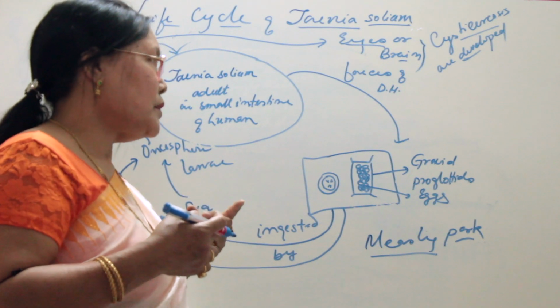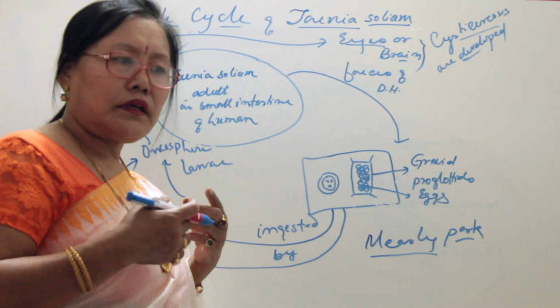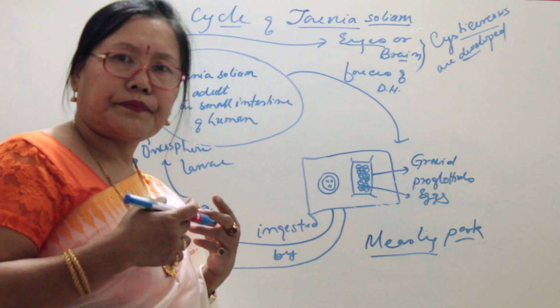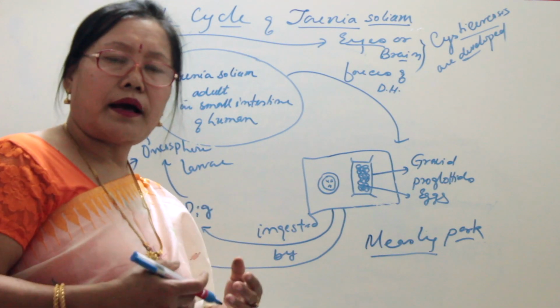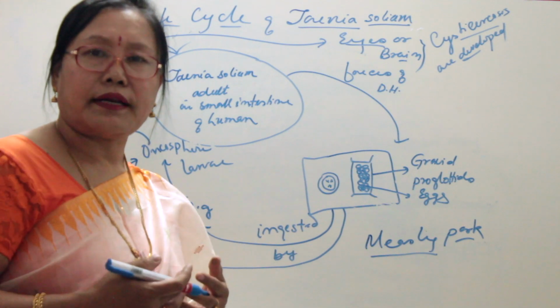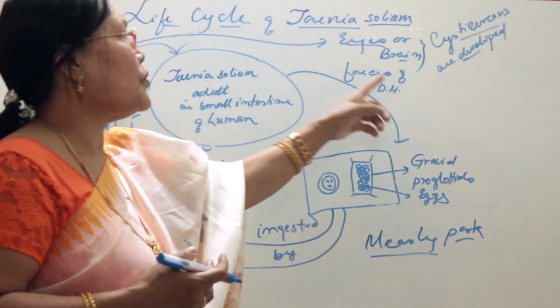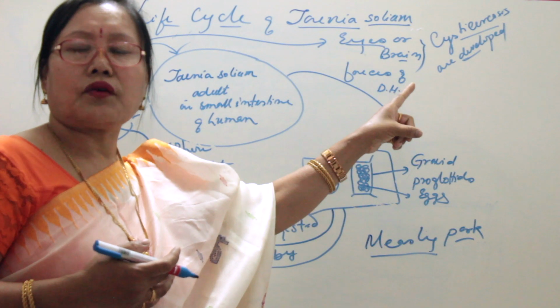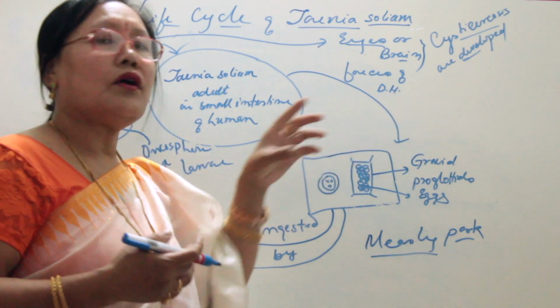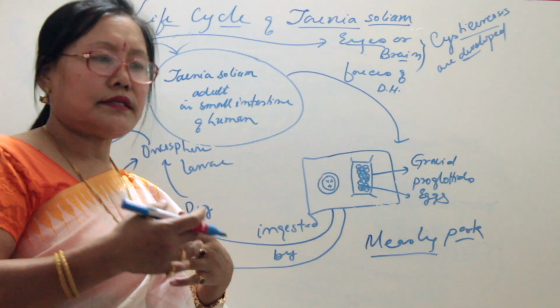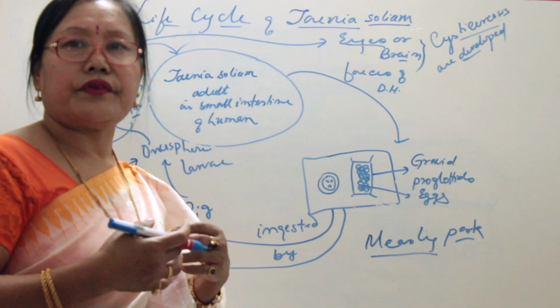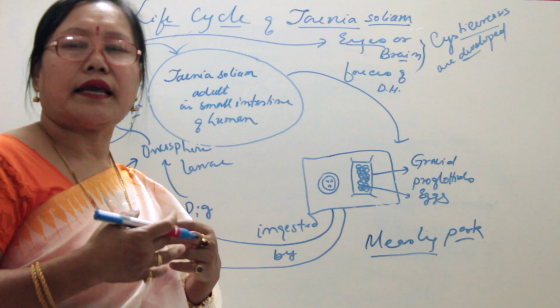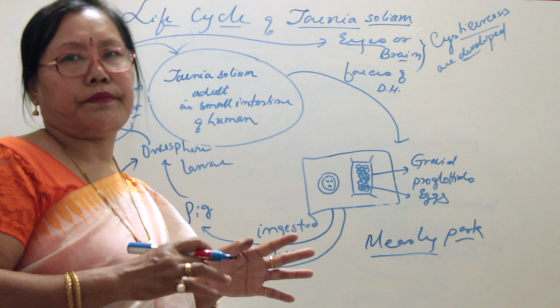But in case of the brain, it can be fatal. This development of the larva in different organs is known as cysticercosis. Cysticercosis are the larvae developed inside the human body, in muscles and different organs, that is in case of the eyes, in case of the brain.